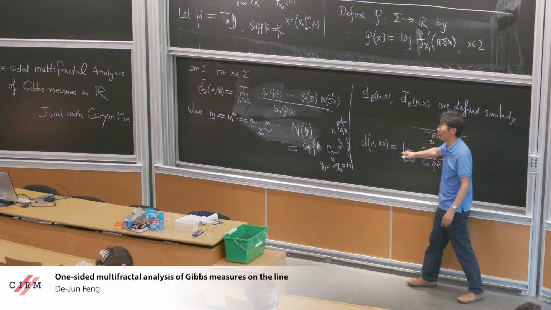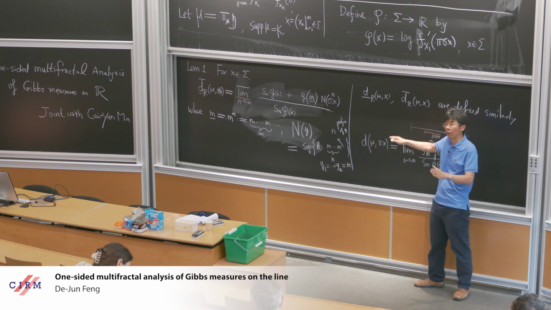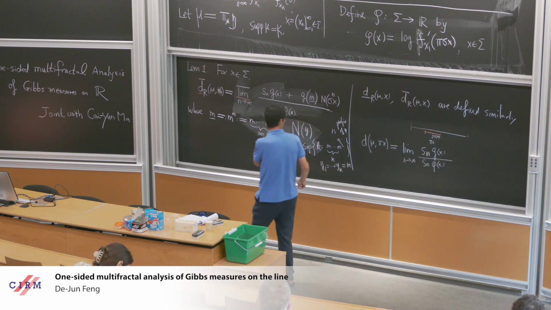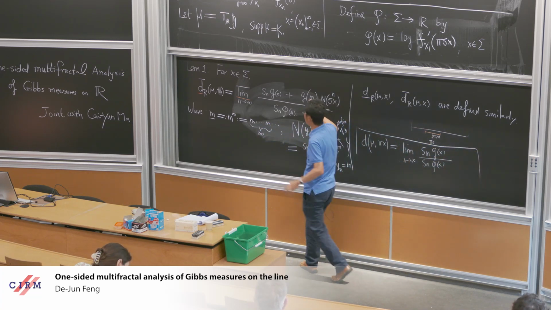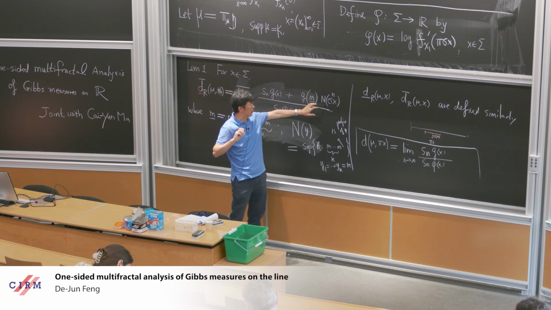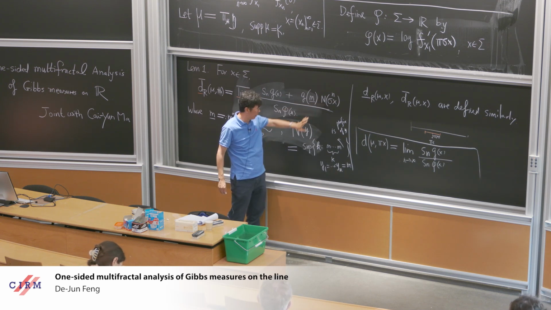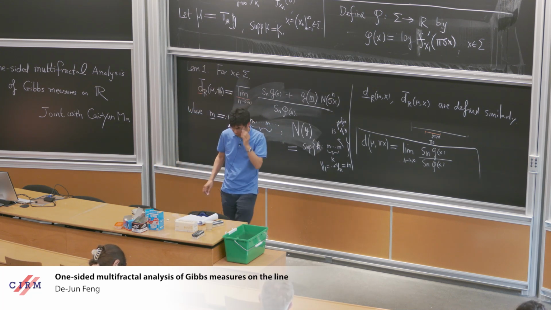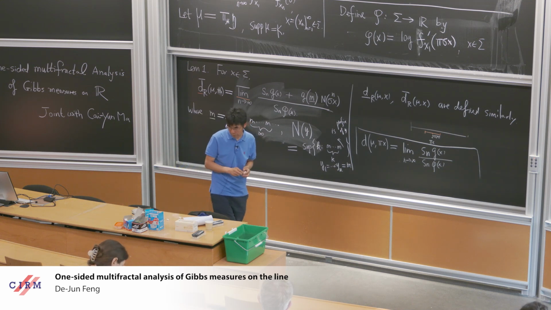And also here you can change the limit to a lower limit or upper limit. So you will see the difference. The only difference is that here there is one special potential, not potential, function, capital N. Okay. So that's the local dimension.